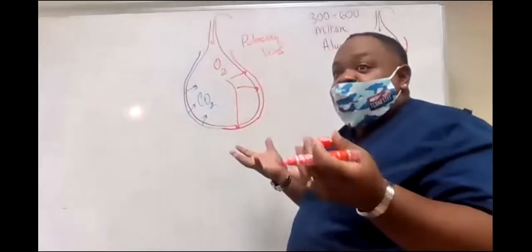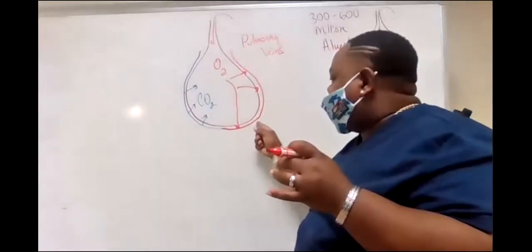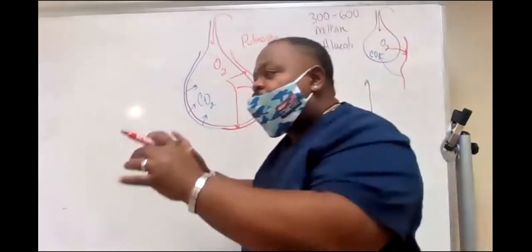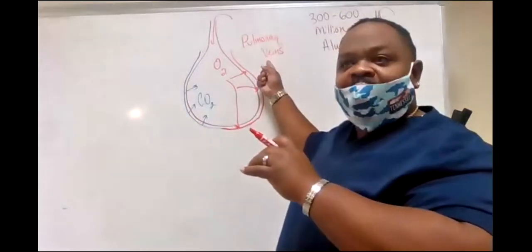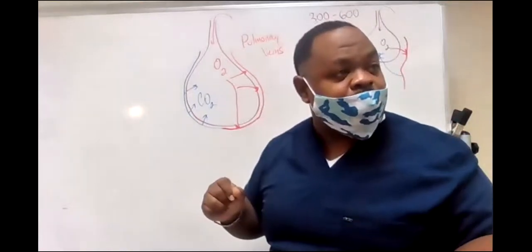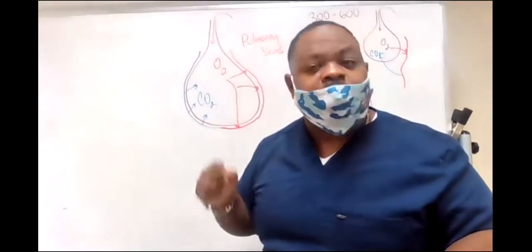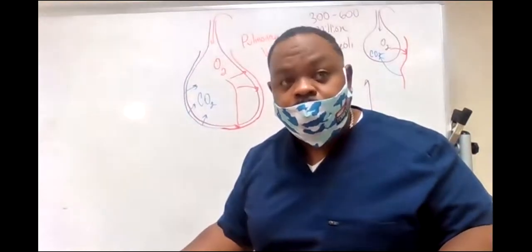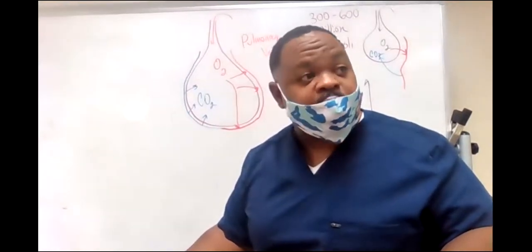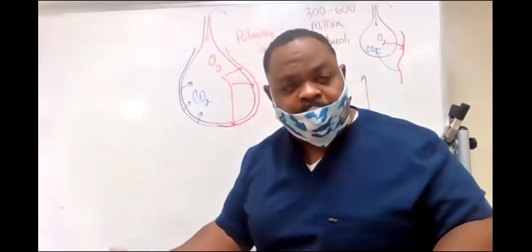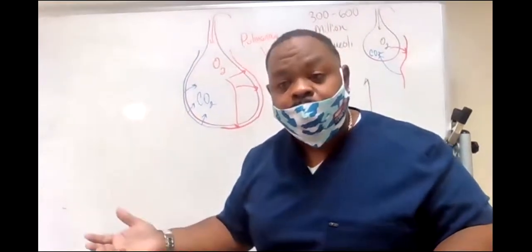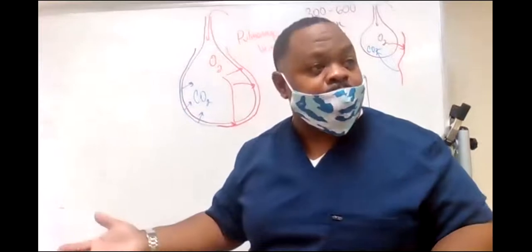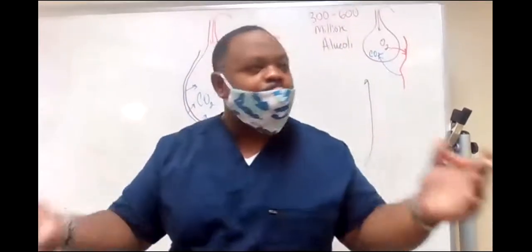And then it's full of oxygen and this blood will return to the heart via the pulmonary veins and dump into the left atrium, then into the left ventricle, and then to the aorta, and then to the body, to do it all over again.